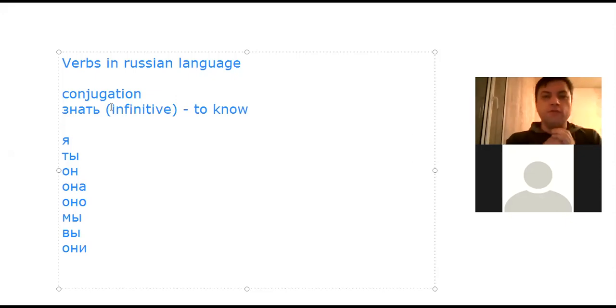Infinitive is the default form of a verb. And you see that the last two letters here are ть. This is the case for the majority of Russian verbs. If you see ть at the end, it means that this is an infinitive. When you look up a verb in a dictionary, they will all be in the infinitive form, and the majority will finish with ть.